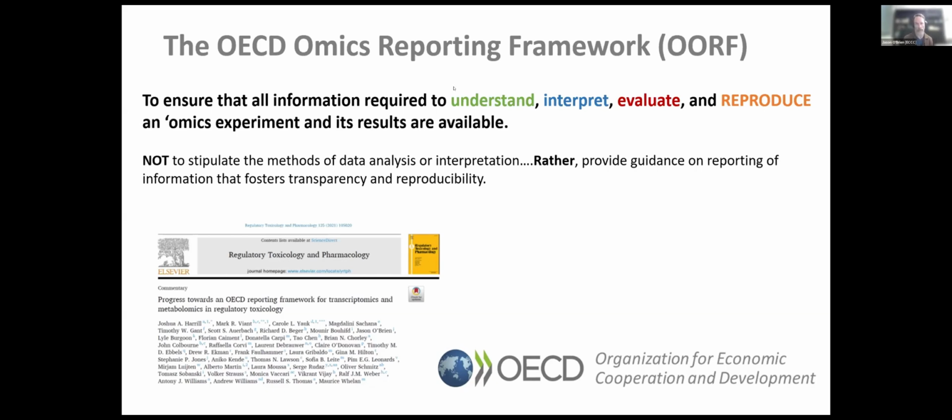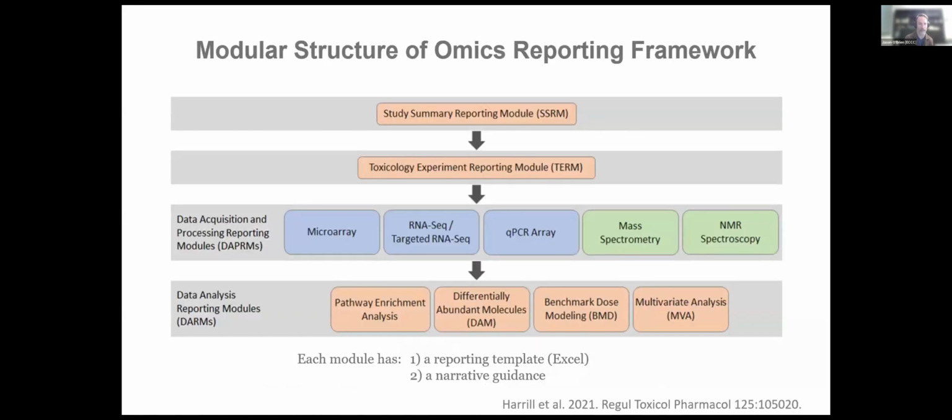And so this issue was taken on by the OECD, and they developed an omics reporting framework, the ORF. This is a reporting framework that tells you how to describe in detail all the methods that you're using to help ensure that all the information required to understand, interpret, evaluate, and reproduce an omics experiment are available.